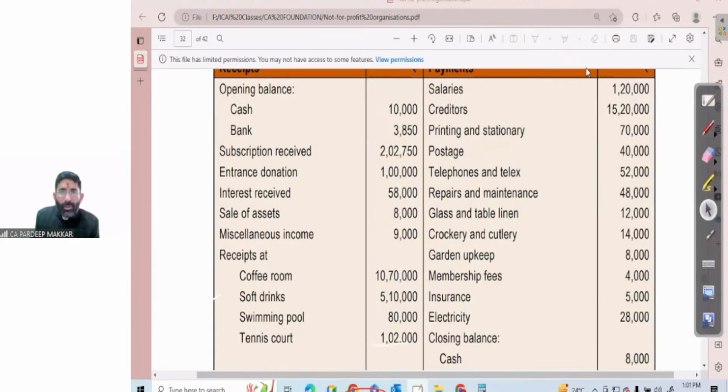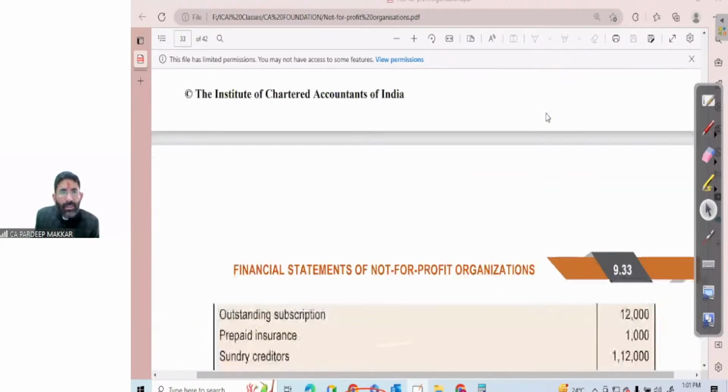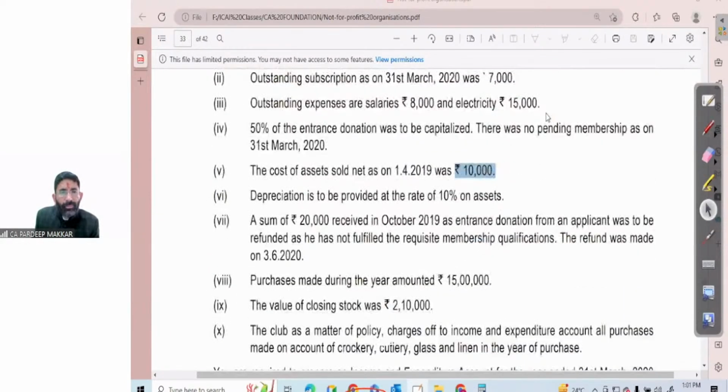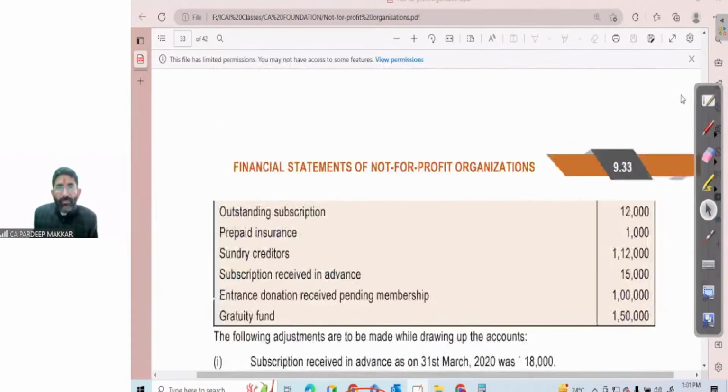Printing and stationery 70,000. Is there any adjustment for printing and stationery? Check it out. No printing and stationery adjustments are given to you.